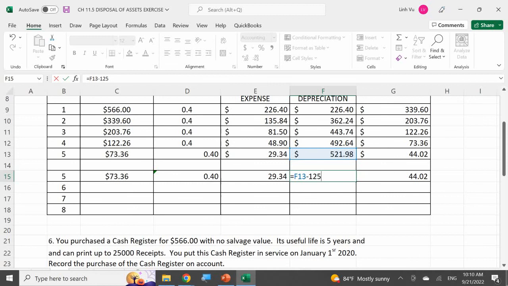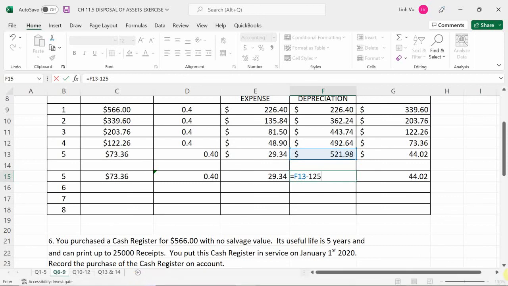So how much is going to be my new accumulated depreciation? $396.98. Good.